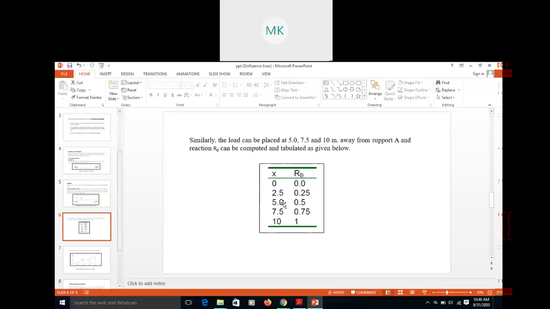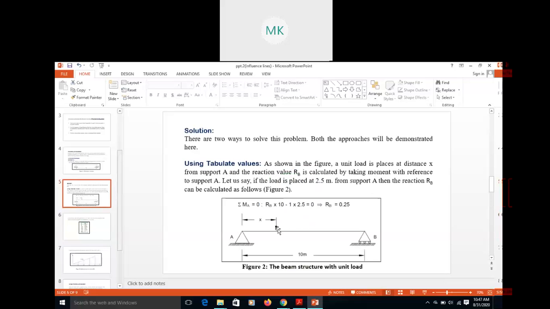And you see one thing, always remember, when I consider a unit load moving along a section from one part to another, at the beginning, at 0, you will get the reaction as 0. If you place this unit load at point A, you will get this RB as 0.